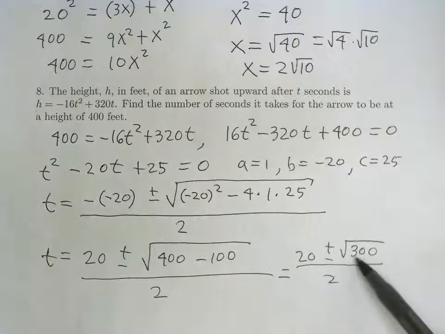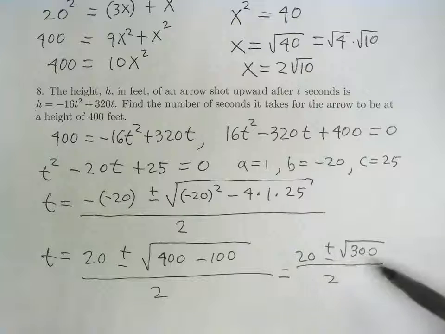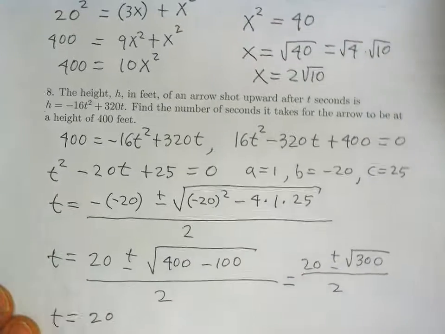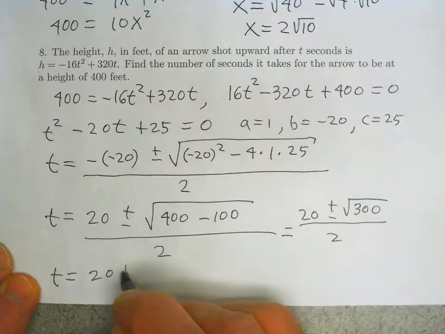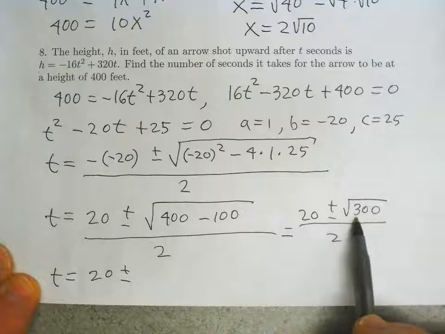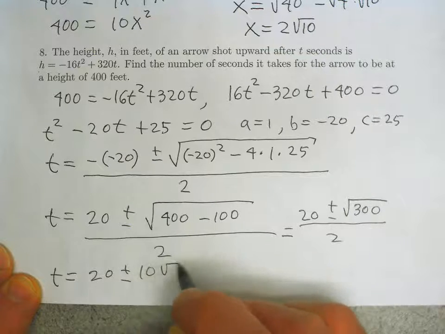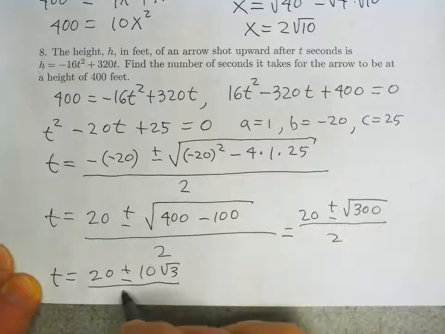The largest factor of 300 that's a perfect square is 100. And the square root of 100 is 10. So we'll write t equals 20 plus and minus, okay, so this is going to simplify to 10 times the square root of 3, all divided by 2.